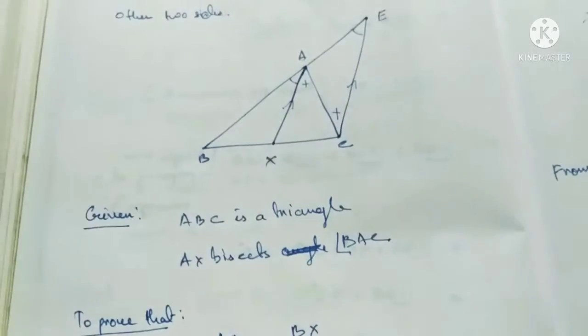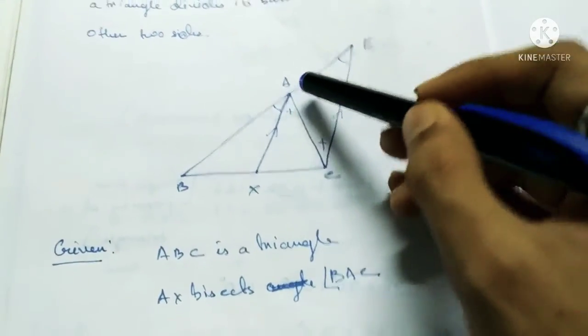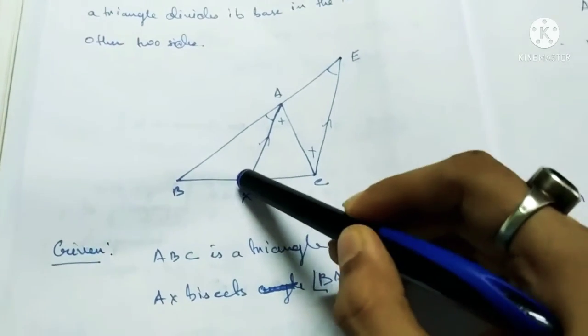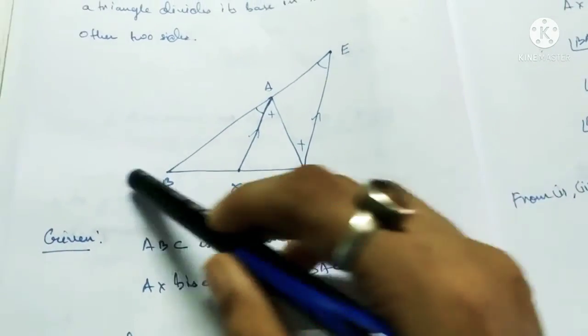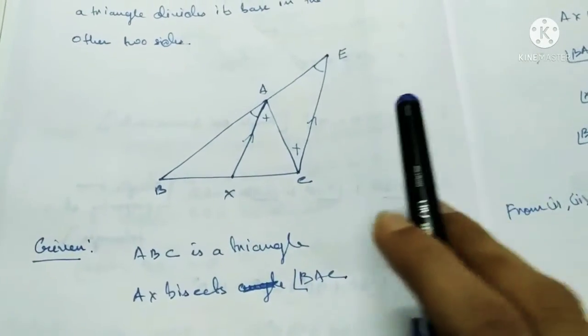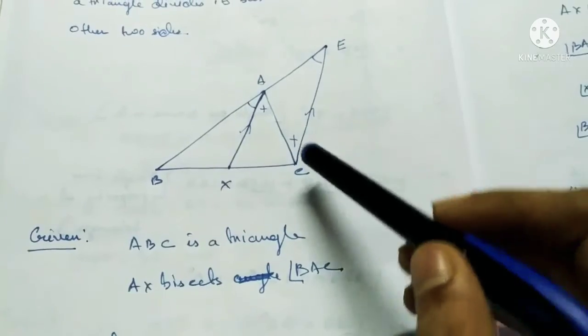So first of all I will draw this triangle, and this AX will be our internal bisector. You can draw this diagram as a whole. Look at the diagram very carefully. In here there is a construction.